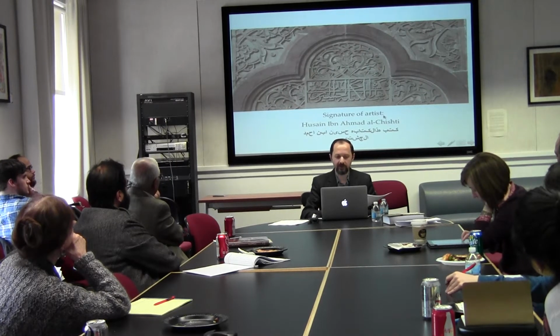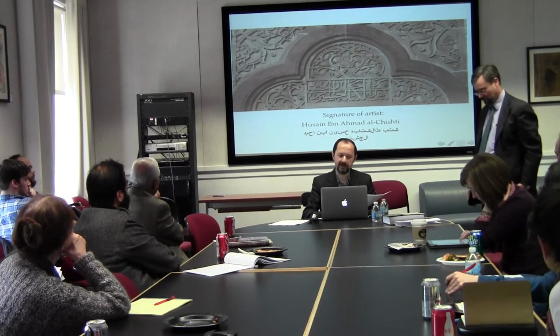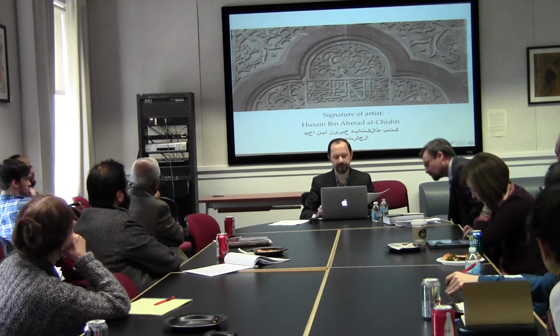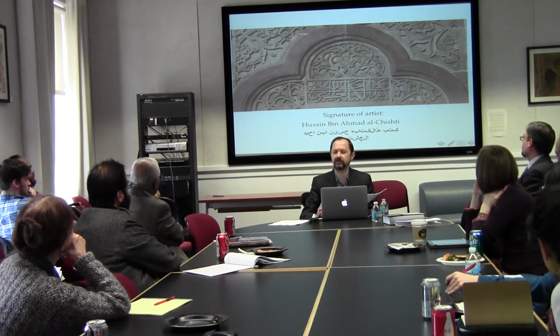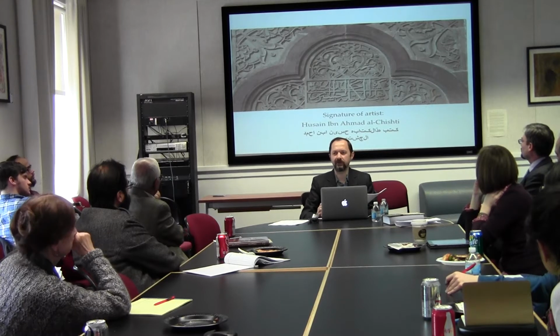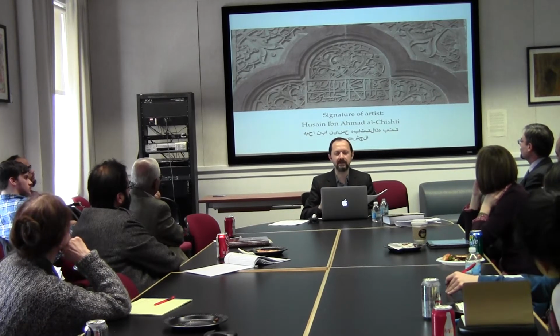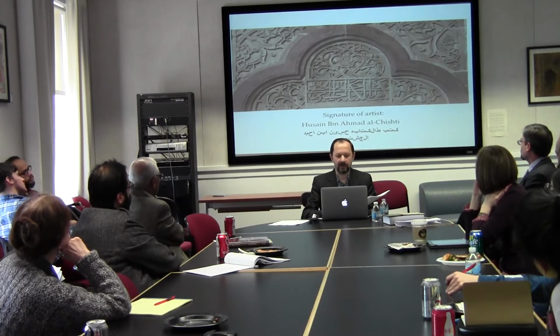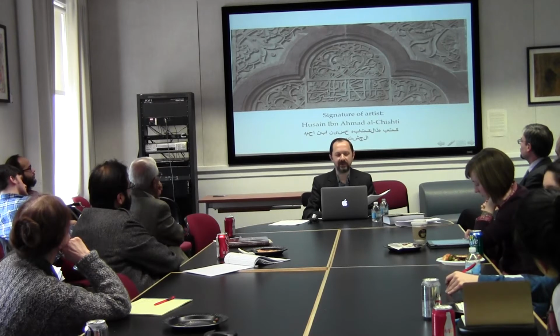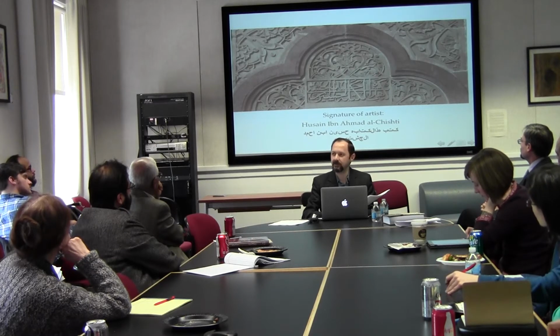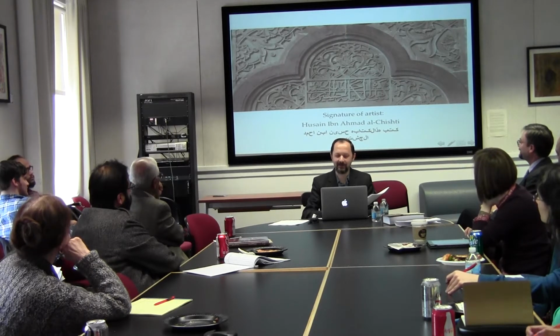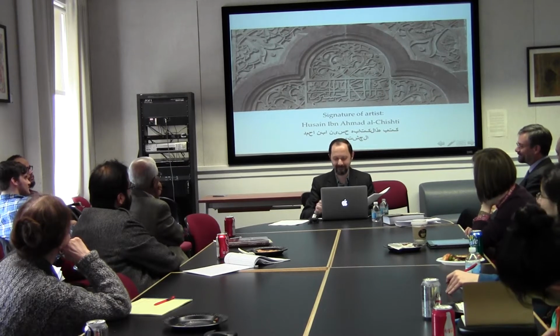And another notable thing is this signature. It's a tradition in Persian calligraphy. The signature is always in the Arabic language. Here it's Arabic, but Al-Chishti has a che. Che is not in Arabic, but it's with three points.